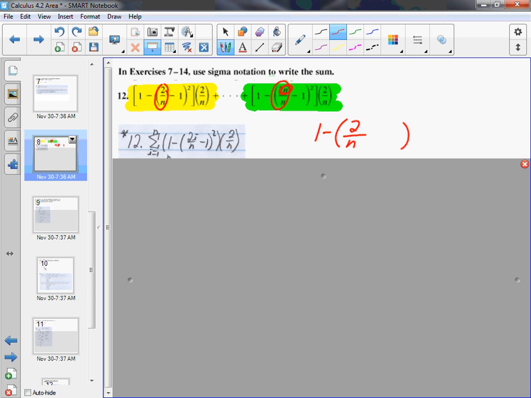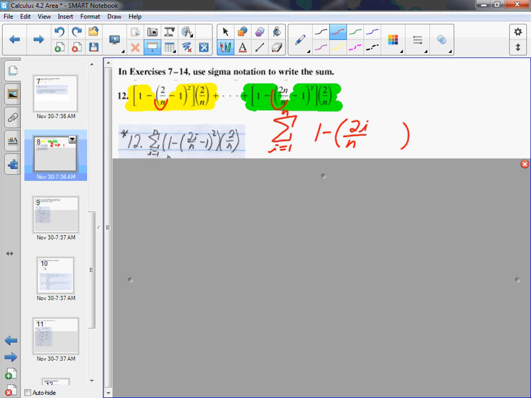Now, if our sum starts at 1, which a lot of them do, would you have even seen a 2 times 1 right there? You wouldn't. So if that's a 2 times 1, doesn't it make sense that at the end it would be a 2 times n if we made our summation go from 1 to n? Yeah. So I think that's what's happening. So from 1 to n, that must be an I.